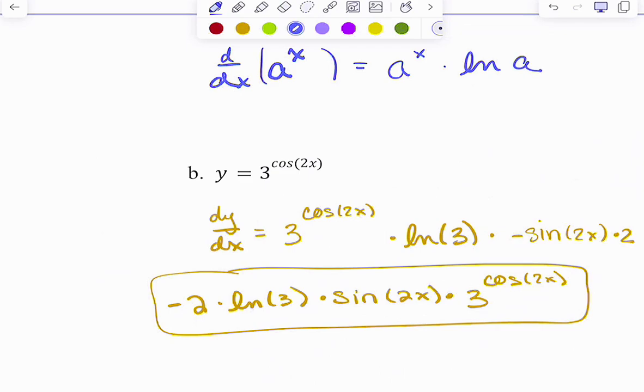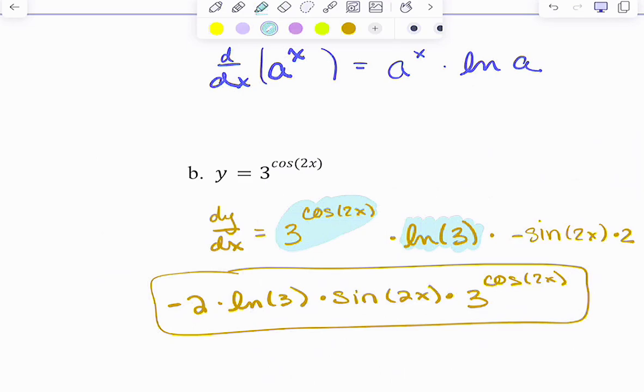So I'm having to do that and then chain. The first part, the 3 to the power, is identical to what we started with, right? That matched. And then the natural log of the base. So that was my exponential rule for derivatives.